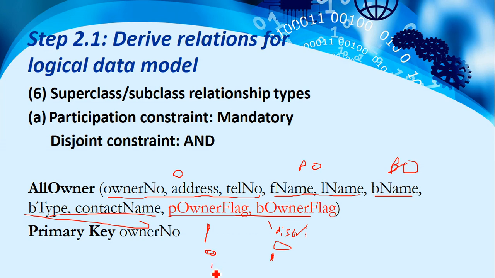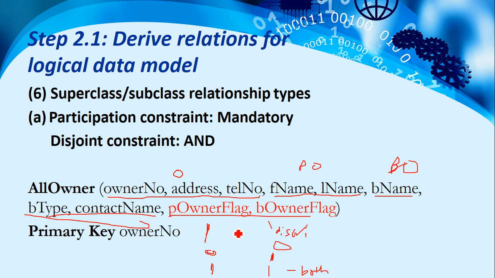But if 1, 1 siya, it means na this owner or record that I'm trying to insert is both a private owner and a business owner. So ito, pag 1, 1, both yan. Yan yung ibig sabihin. So yeah, ito yung gamit ng discriminator.